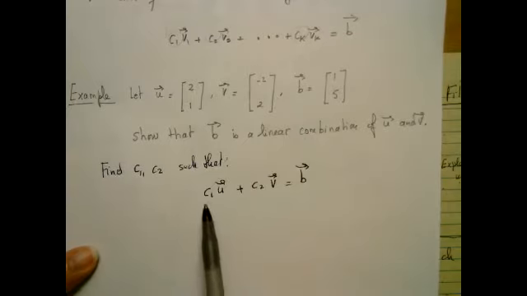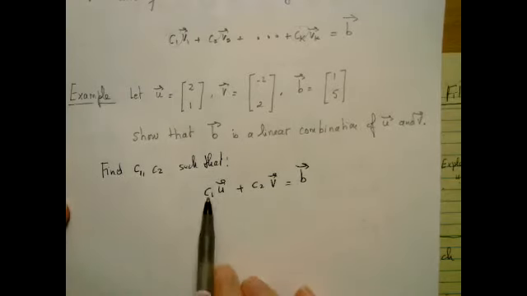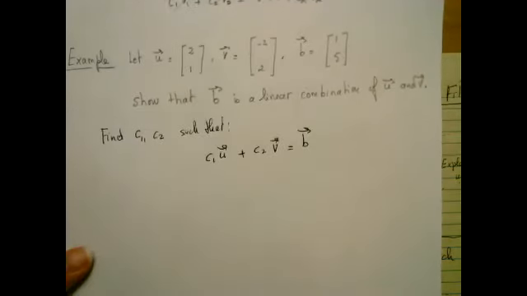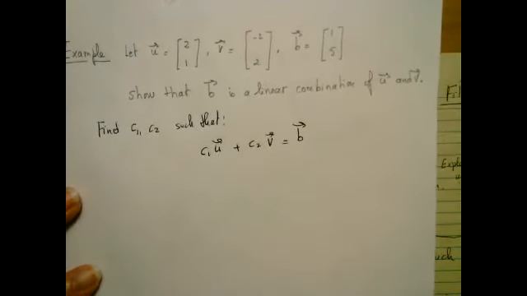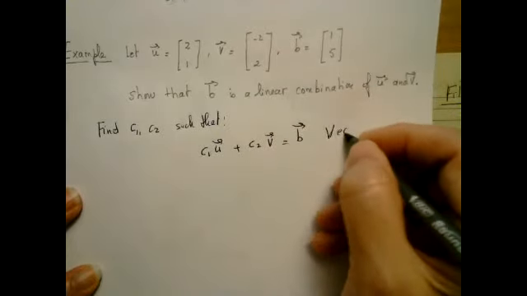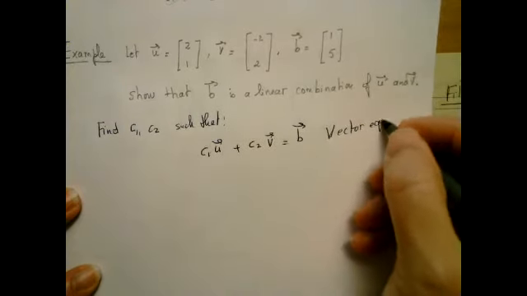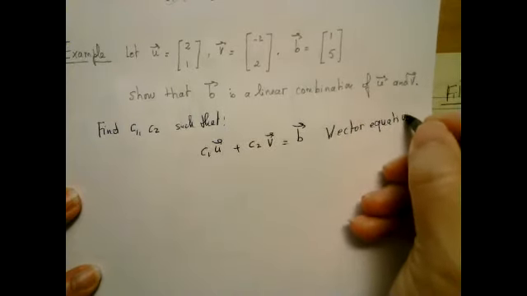It means give me the weights that I should put on U and V so that this will give me the vector B. By stretching U and stretching V, I actually hit the vector B. All right, how do we do that? Purely algebraically. Now this type of equation, we give it a name, and that's what the title of the section is. This is called a vector equation.